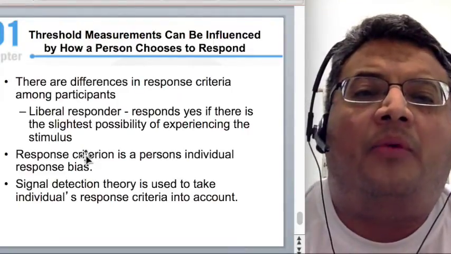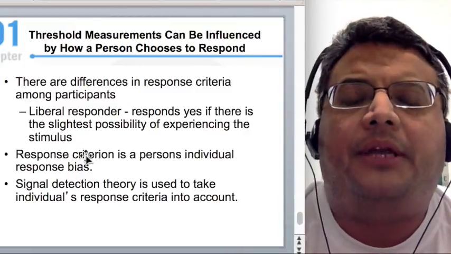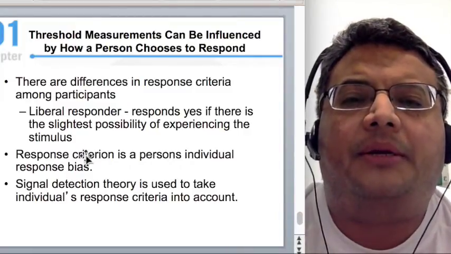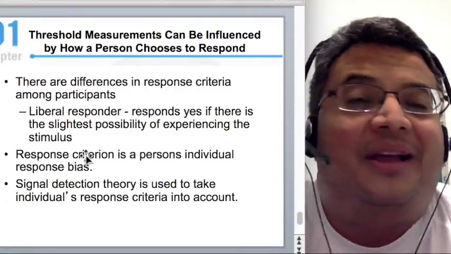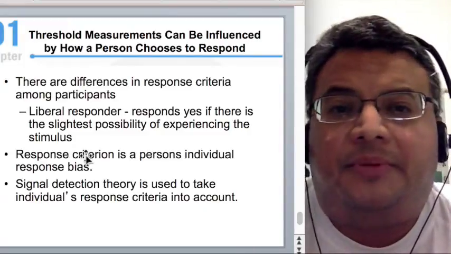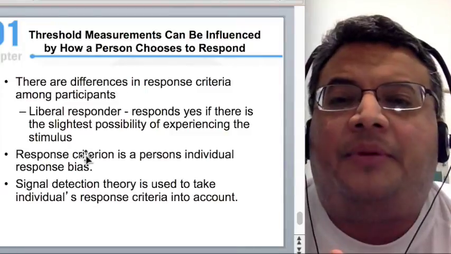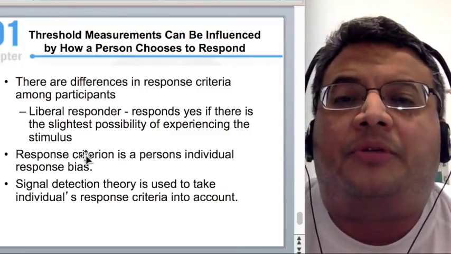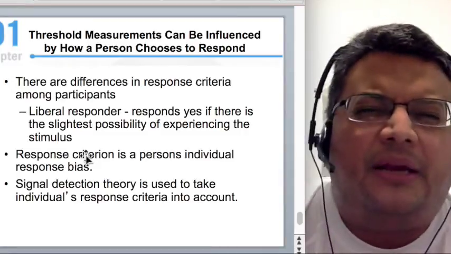When you're measuring sensory responding in people, one of the things you have to take into account is that different people respond in different ways to different stimuli. That's just the way it is. And so the research that we do in sensation and perception has to take that into account. For example, there's what you would call the liberal responder. It's somebody who's kind of afraid that they're going to miss it.